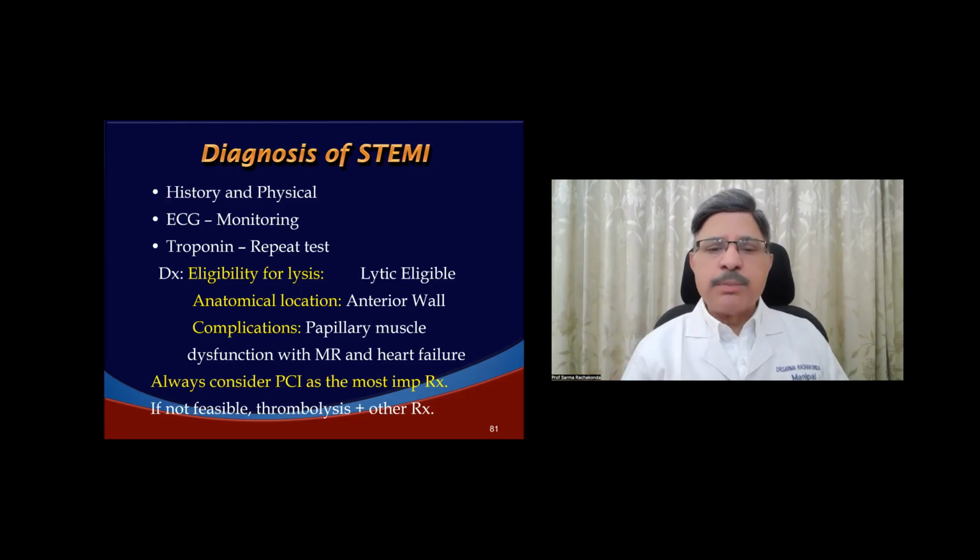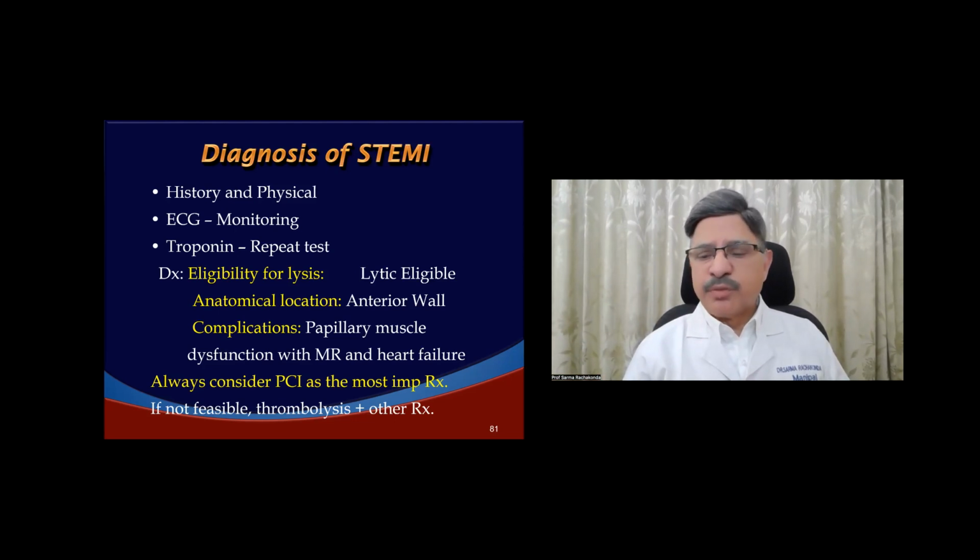And the first treatment you have to offer is primary coronary intervention. That is doing an angiogram and then trying to reperfuse and open up the vessel. If that facility is not available or the patient cannot be shifted in a reasonably good time, like 4 or 5 hours, to the center, then you have to thrombolyze and then transfer the patient.